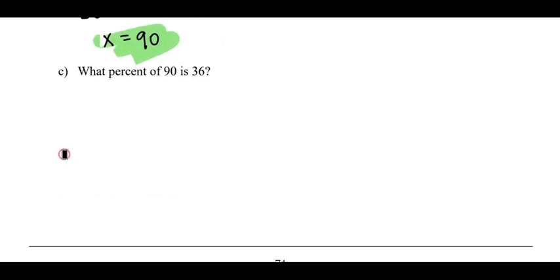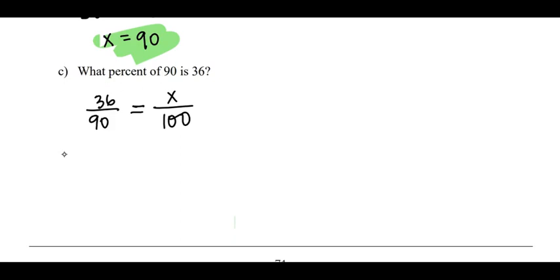Let's look at the next one. It is asking, what percent of 90 is 36? We do not have the percent here, so that's what we're looking for. Let's set up our proportion with 100. We do not know the percent, so that's x over 100. Now we figure out where 90 and 36 go. Of 90, so "of" always goes at the bottom, is 36.